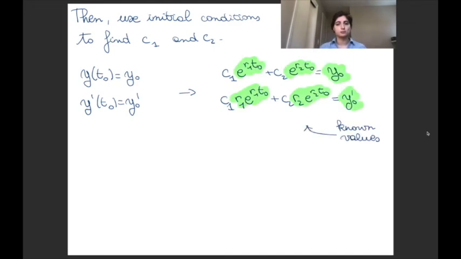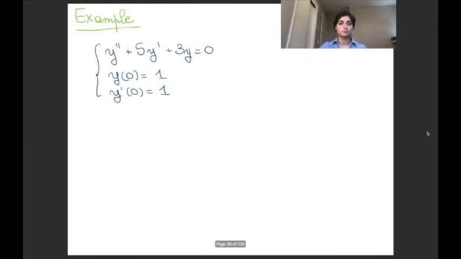Notice that y0 and y0 prime are known, the exponentials at t0 are also known, and r1 and r2 are known. So the only unknowns in these two equations are c1 and c2. It's two equations in two variables. We can solve it.